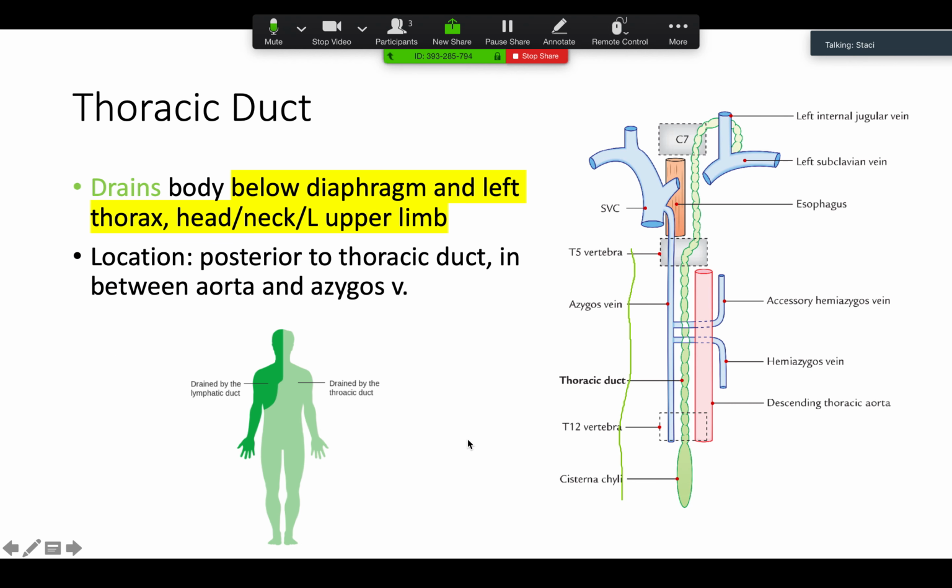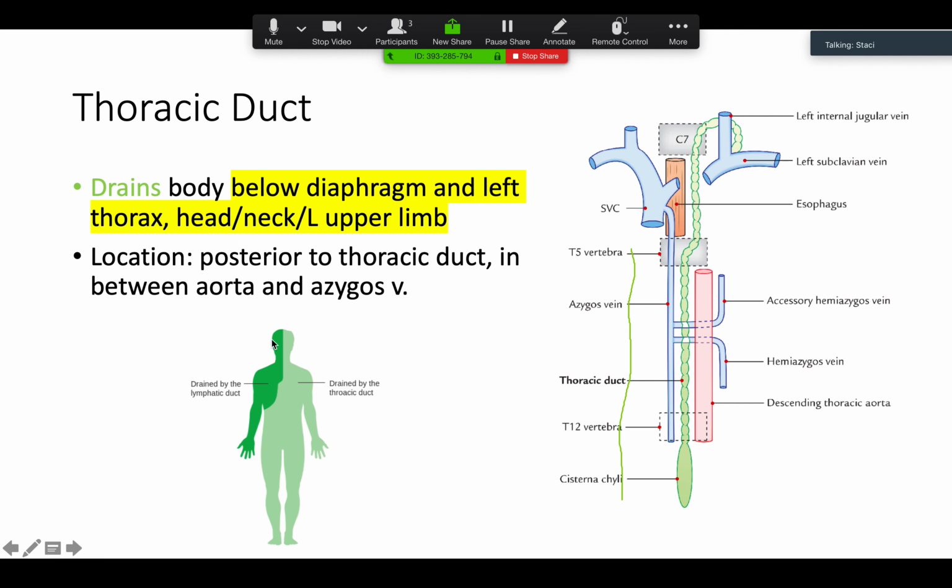Okay, the thoracic duct is also in the posterior mediastinum, and this is really important because if you look in this picture, the light green, you can see that it's drained by the thoracic duct: everything below the diaphragm and left of the thorax, head, neck, and left upper limb.